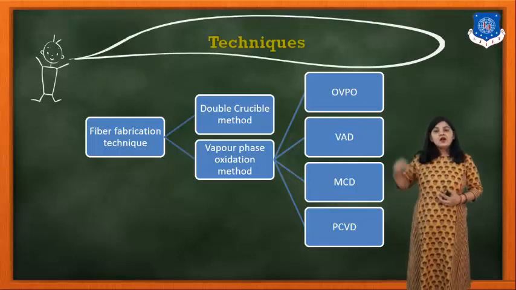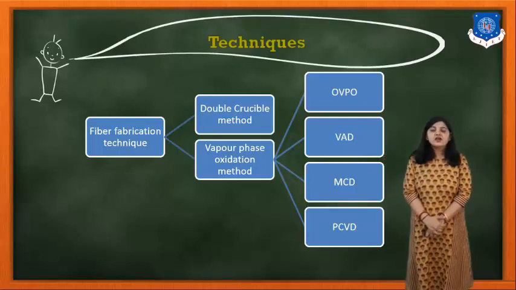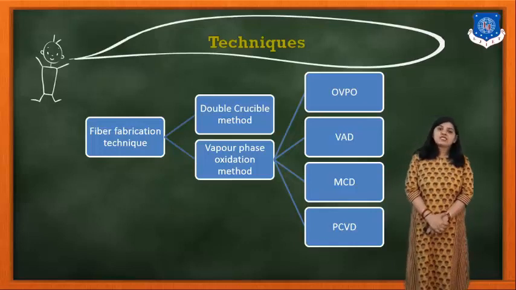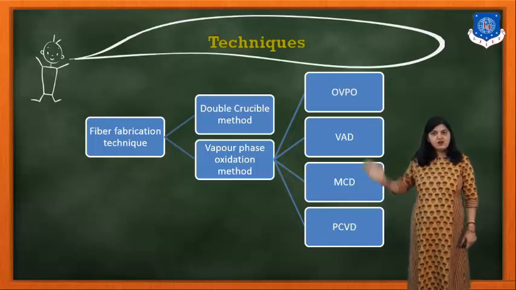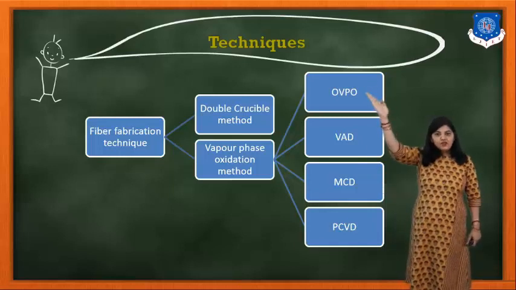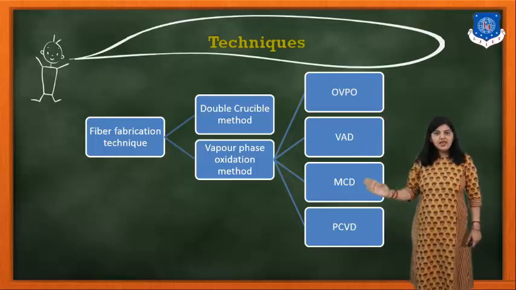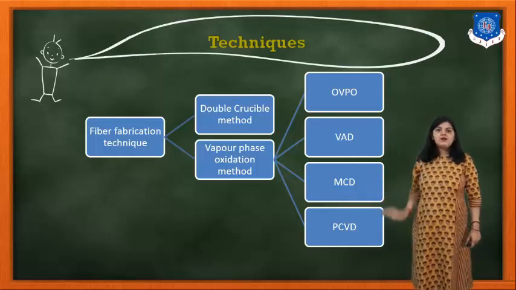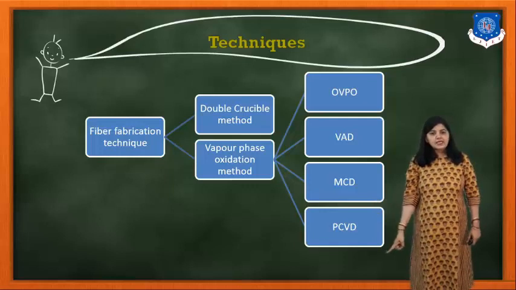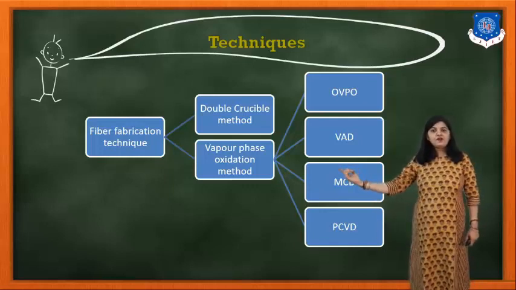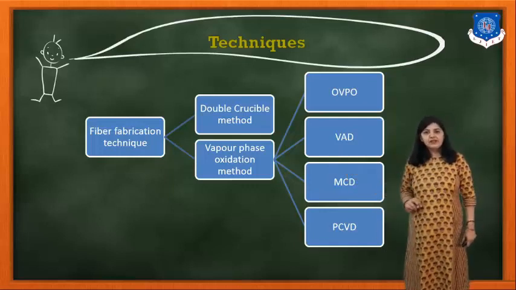One is the double crucible method and the other is the vapor phase oxidation method. Under the vapor phase oxidation method, as I discussed, there are OVPO, VAD, MCVD and PCVD, so these four methods.